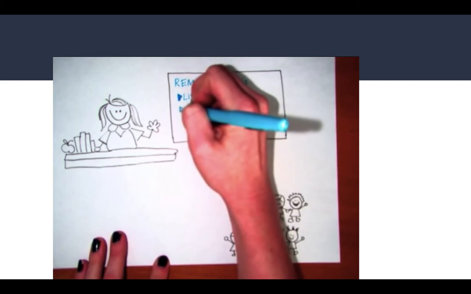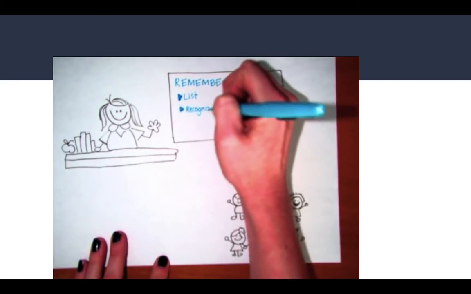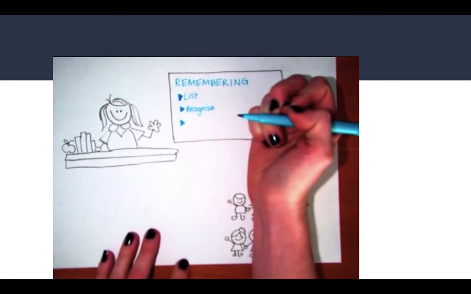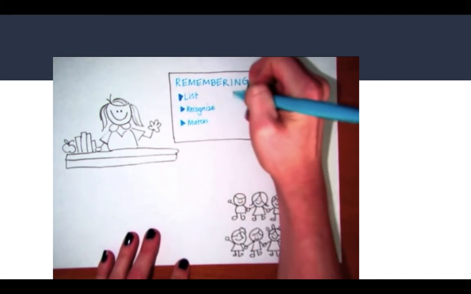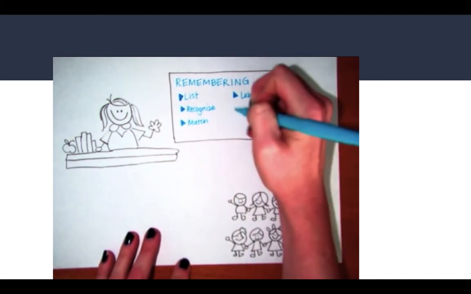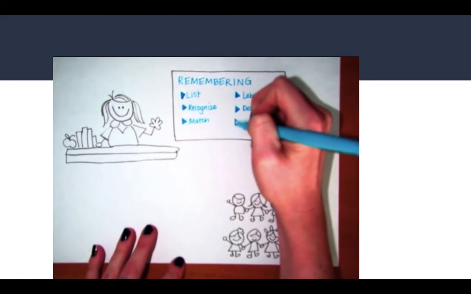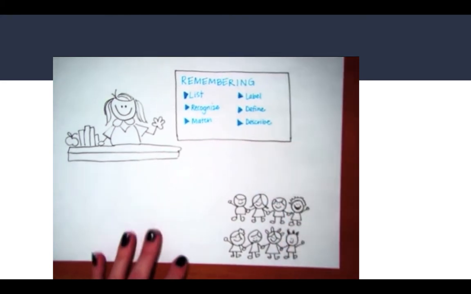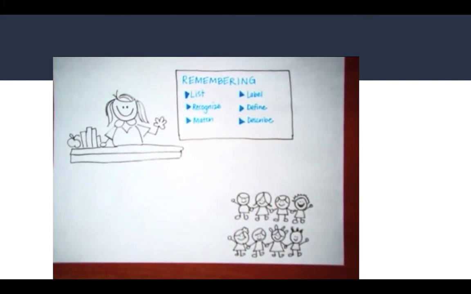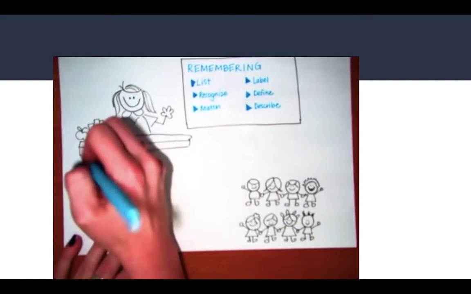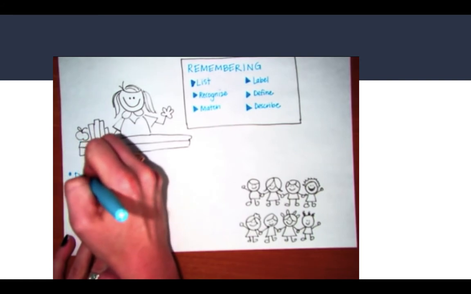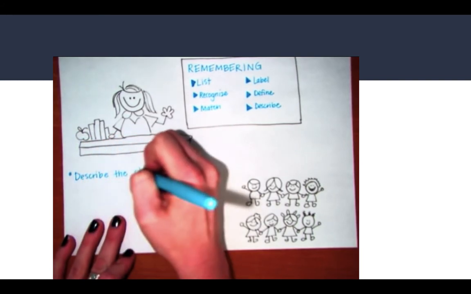Aligning your objectives within the remembering domain utilizes the most basic form of questioning to test your students' knowledge. On the remember level, students are asked questions that begin with words like list, recognize, describe, match, label, or define. In this domain, you're testing a child's ability to recall learned factual information on command.